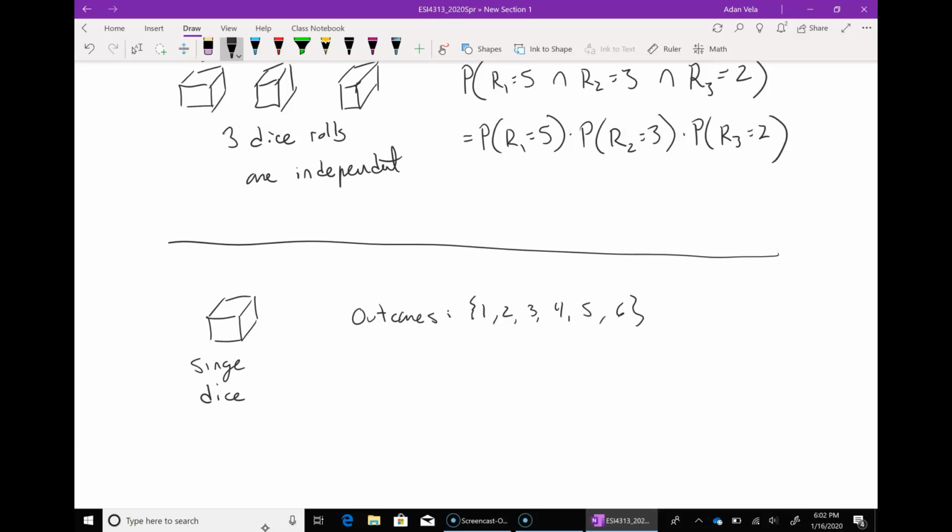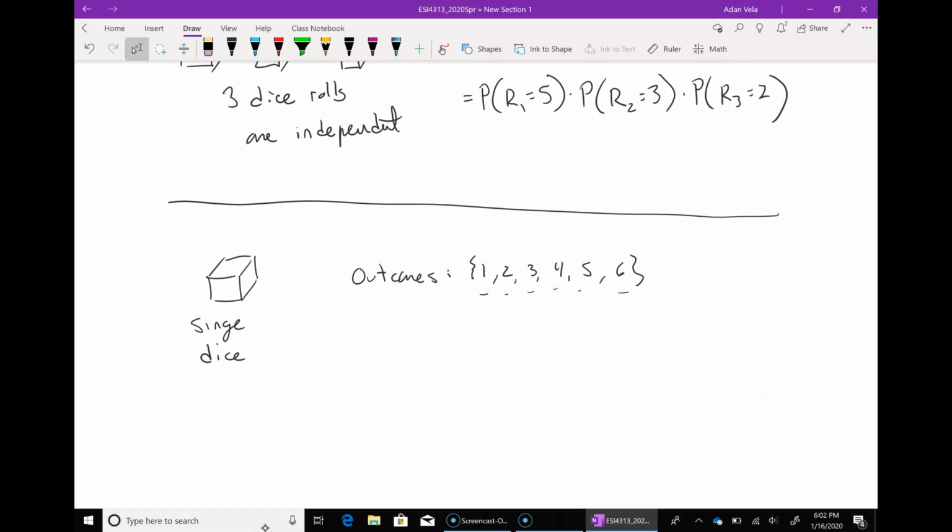They are mutually exclusive from each other. And the reason is, if I only roll the die once, it has to be one of these numbers. I can't roll the number 2 and 4 at the same time. It has to be one of them. So in that sense, each of these outcomes is mutually exclusive.